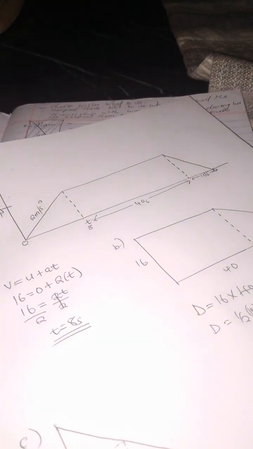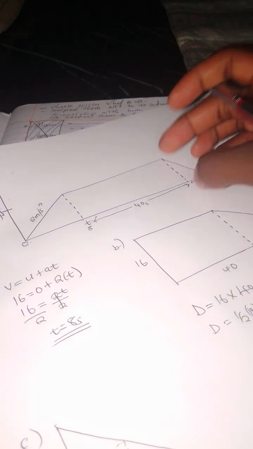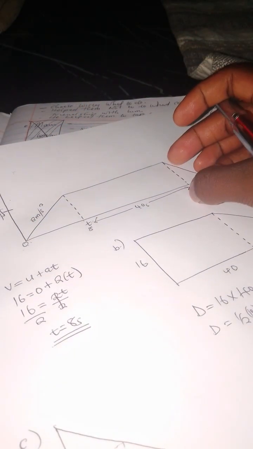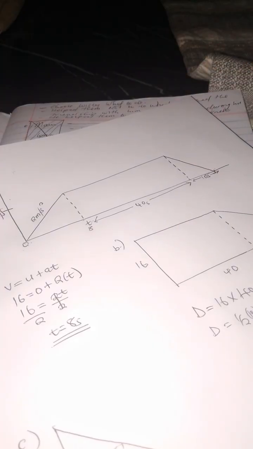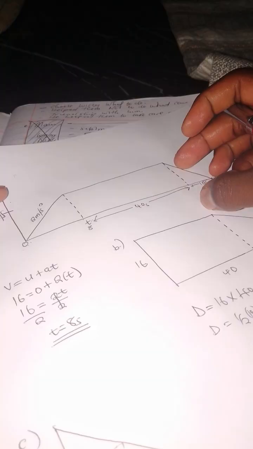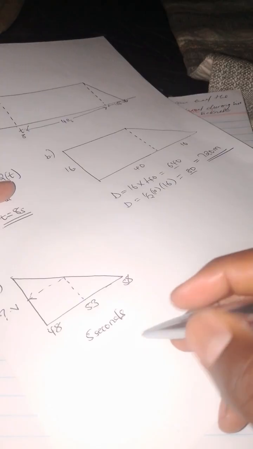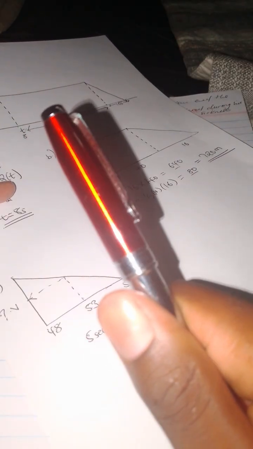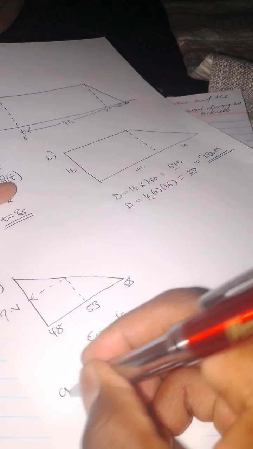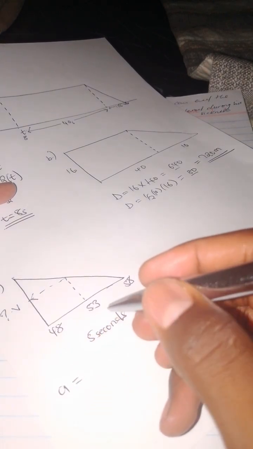The way we handle questions from this part is different from the way we handle questions from this part, because here it was accelerating, then here it was decelerating. So here we had acceleration, meaning here we have to find the deceleration. So let's now find the deceleration. Deceleration is the opposite of acceleration.